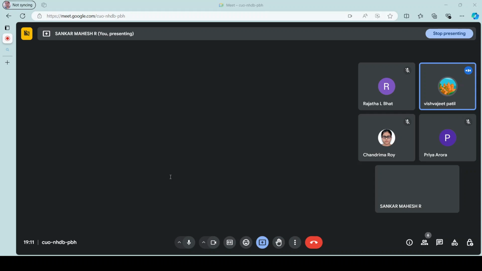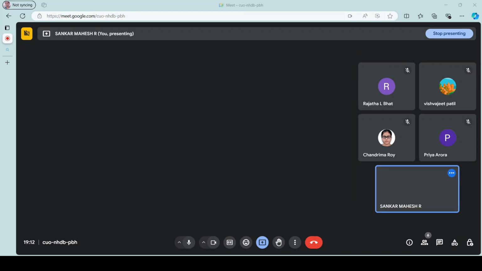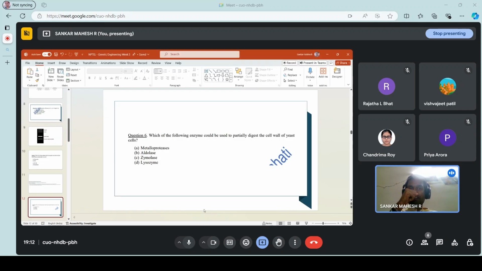Then you have polysaccharides, specific polysaccharides like mucopolysaccharides, and you also have other glucans. So this is what your cell wall is made up of, because of which we can eliminate lysozyme. Does anyone else want to try and attempt answering? Any other option? Priya?